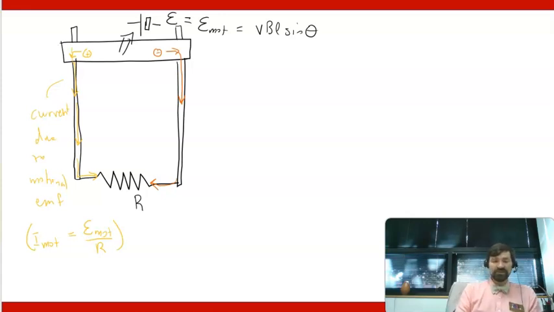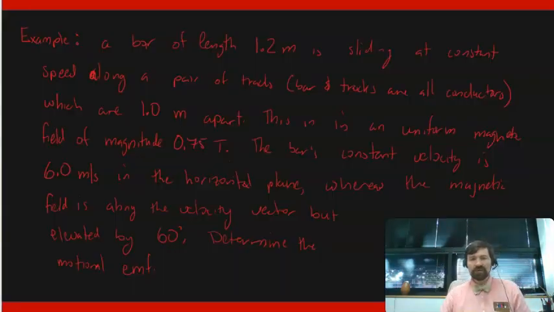Let's conclude this with an example. All right, so our example is a bit wordy. You just have a bar, its length is 1.2 meters, it's sliding at constant speed along a pair of tracks, assuming that everything is conducting here, which are 1 meter apart, and of course connected on the far end. And all of this is happening in a uniform magnetic field of magnitude 0.75 teslas.